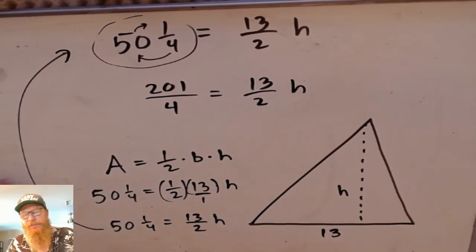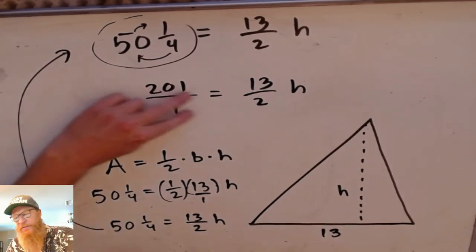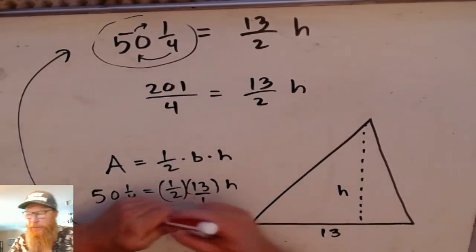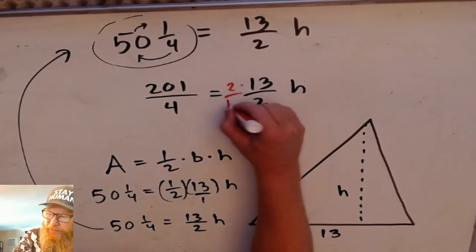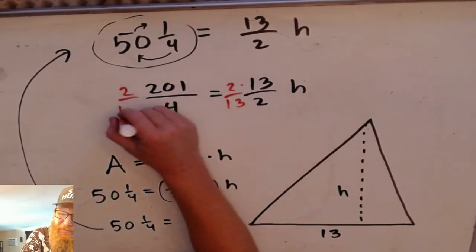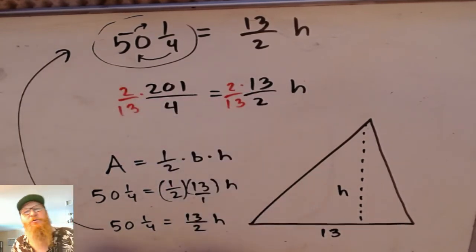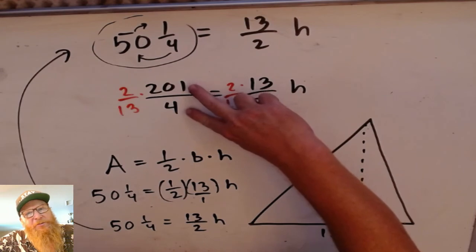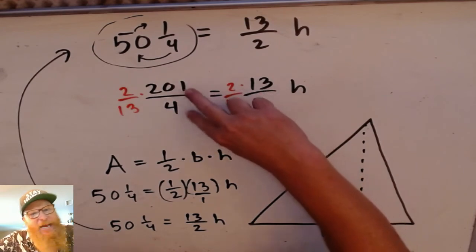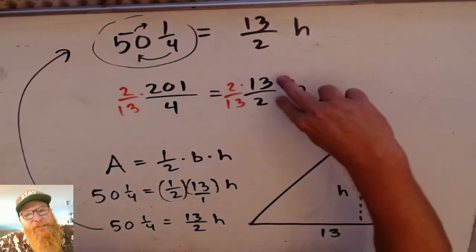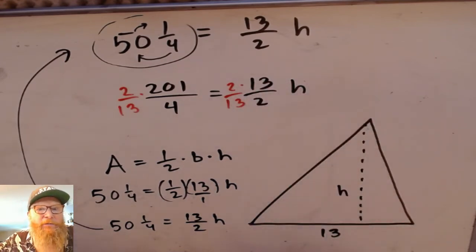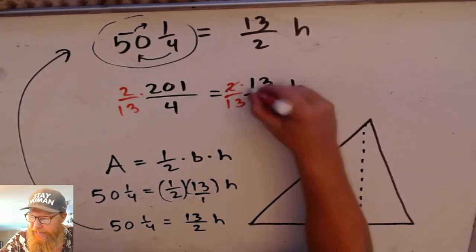Okay, and so I've got 201 fourths equals 13 halves h. I'm going to multiply by the reciprocal of 13 halves, which is 2/13. Notice I'm not doing the reciprocal of 201 fourths because that doesn't have a variable. It's always the reciprocal of the coefficient. That's why I taught you that word an hour ago. These guys are going to cancel out.